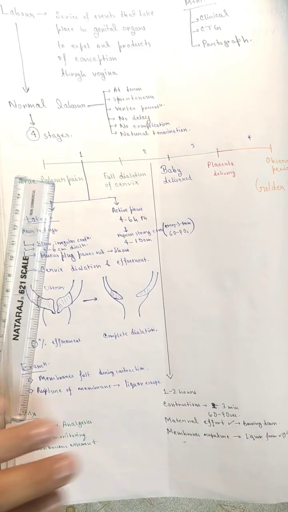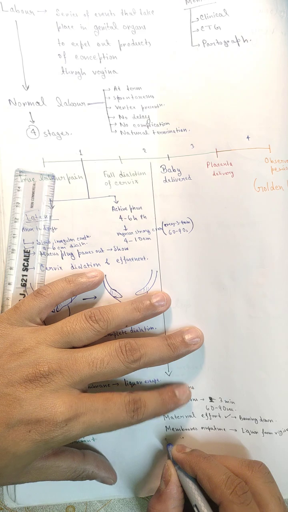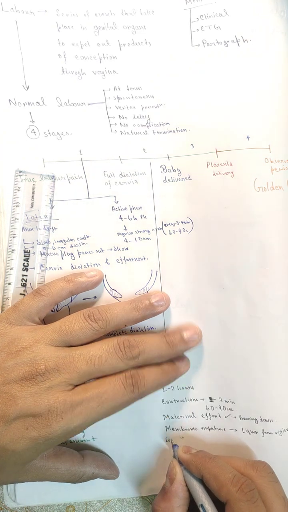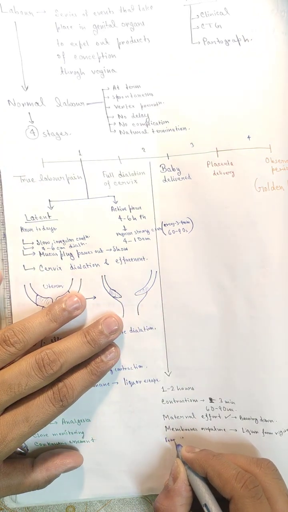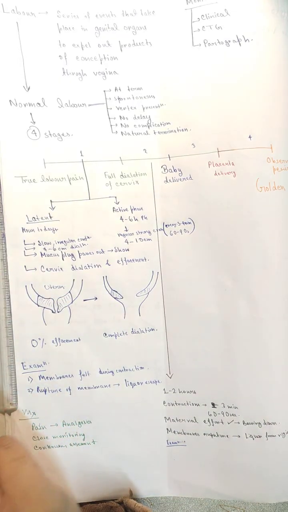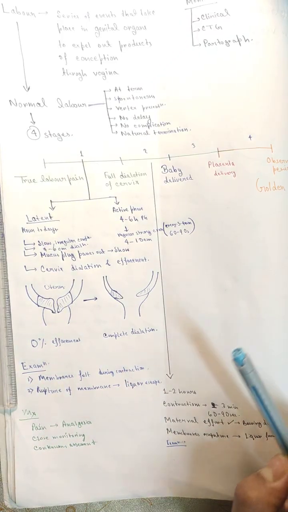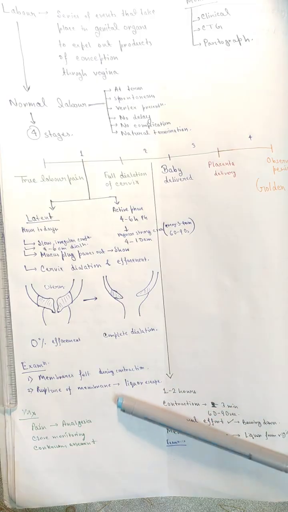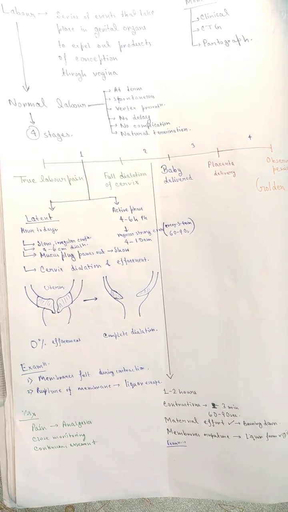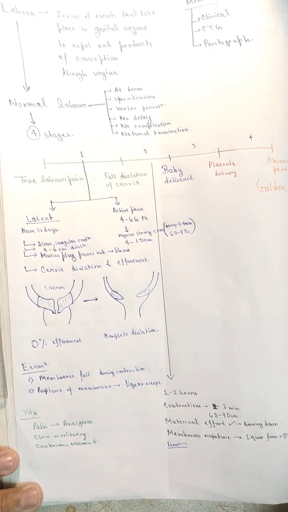Now here we have to assess as well. Examination is done. For examination of the situation, we have the fifth finger rule. So let's see. Examination will be written here.